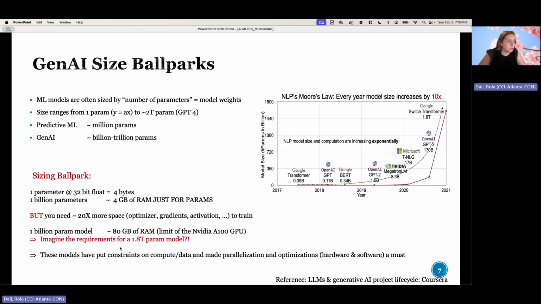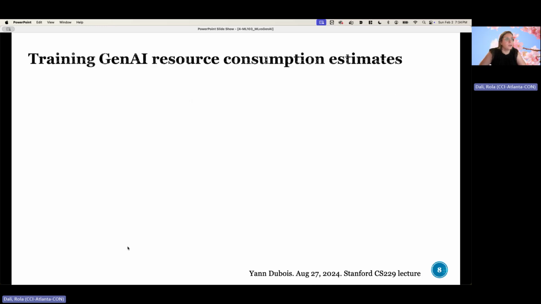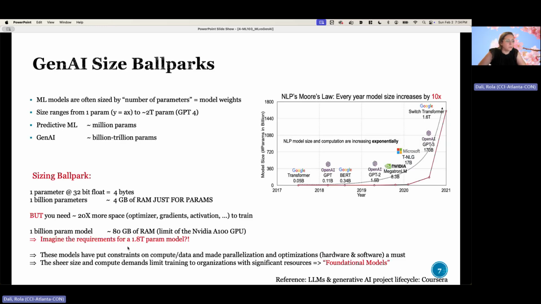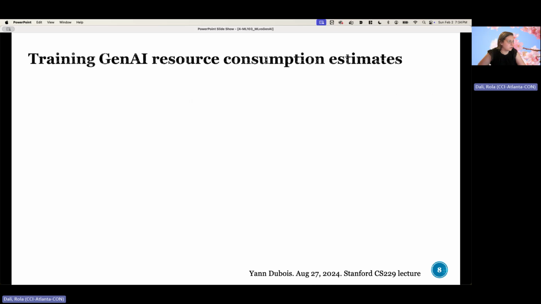So there's a lot of work in the GenAI space to optimize everything from compute to memory to processing to loading, everything. It's really forced us to push optimizations to be able to better support these things.